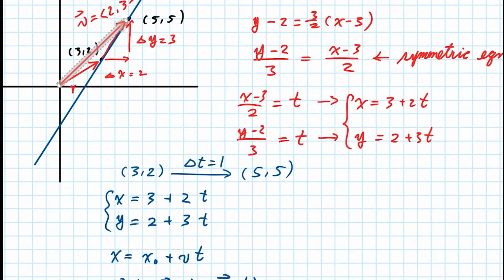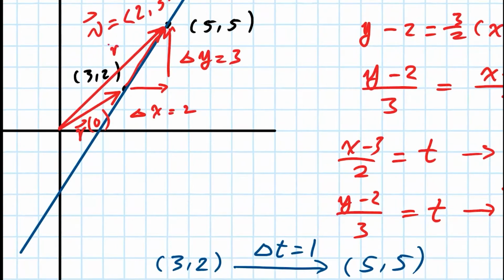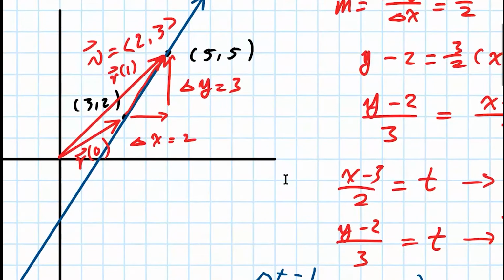So R at 0 looks like this, and then R at 1 looks like this. So think of it as this arrow, tail at the origin and moving through this line. You get it? It describes the motion in space.